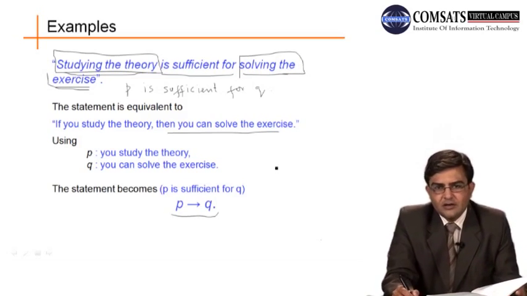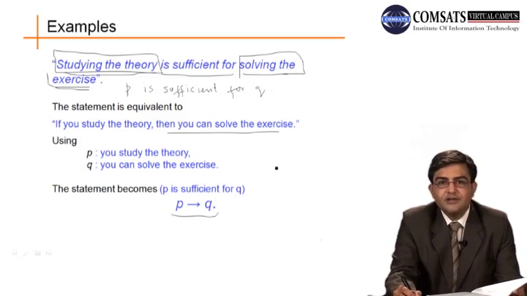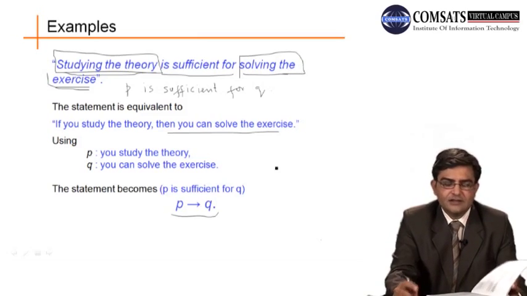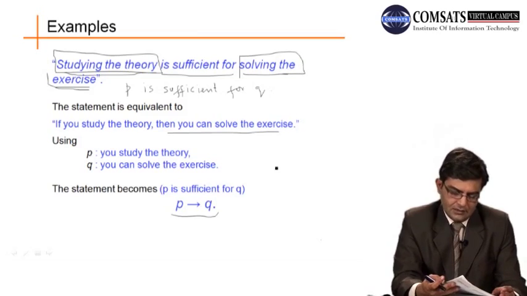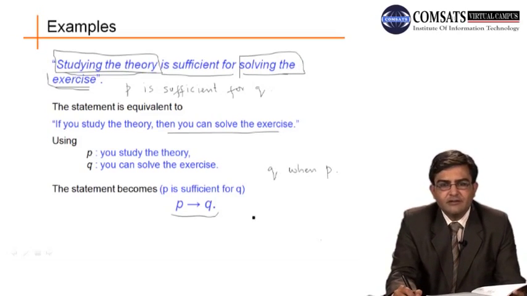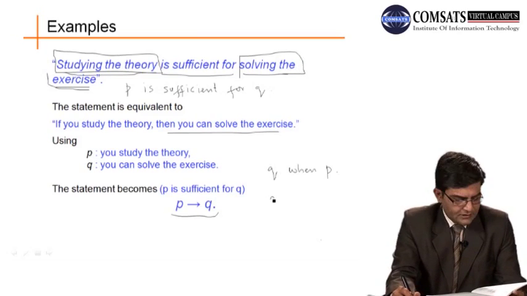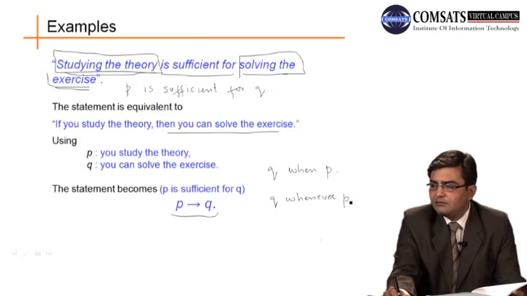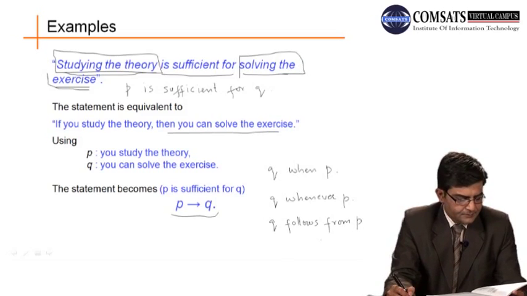I write some of the forms, but I recommend you to see page 6 of Discrete Mathematics by Kenneth H. Rosen. He has given Q when P, so this is also an equivalent form of conditional statement. Another is Q whenever P, and another is Q follows from P. These are also forms of the conditional statement.